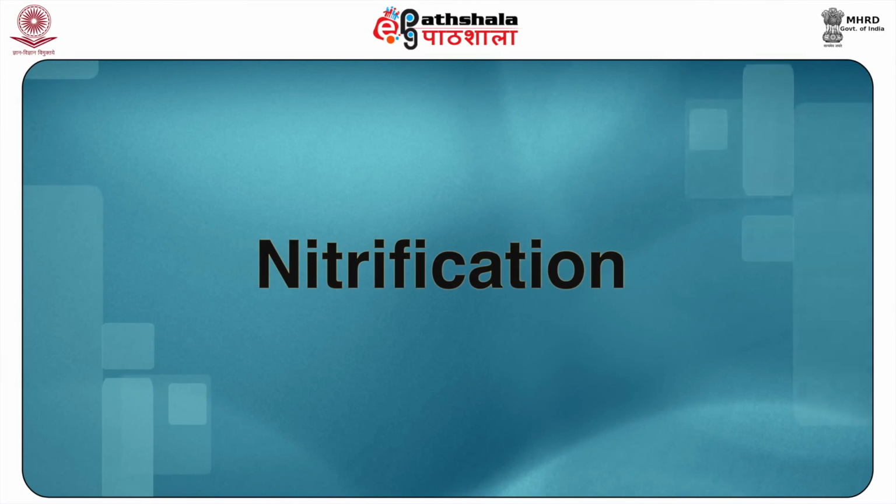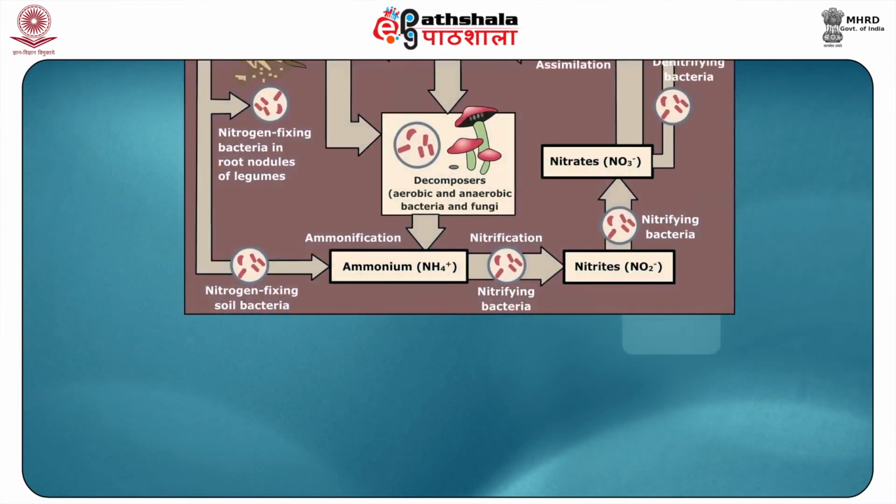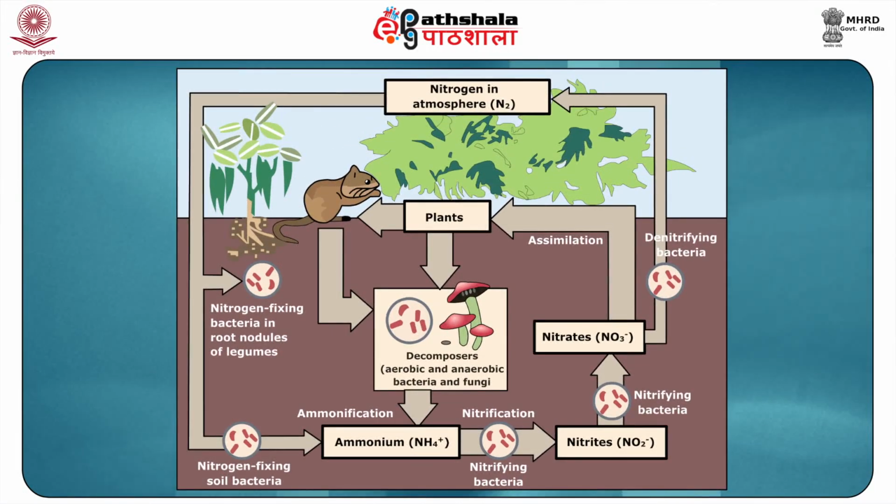Nitrification. The nitrifying bacteria like Nitrosomonas present in the soil oxidize ammonium to nitrite, which is further oxidized to nitrate by Nitrobacter. Ammonia is toxic to plants, so its oxidation to nitrites and nitrates is essential for their survival.